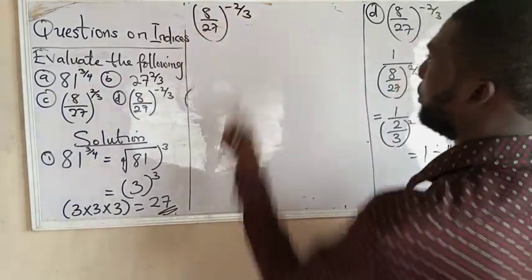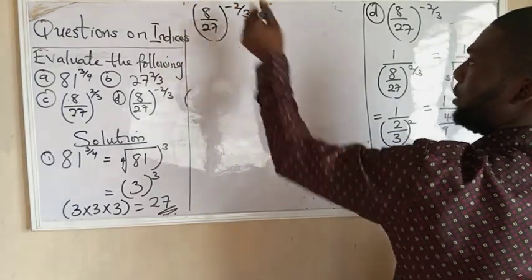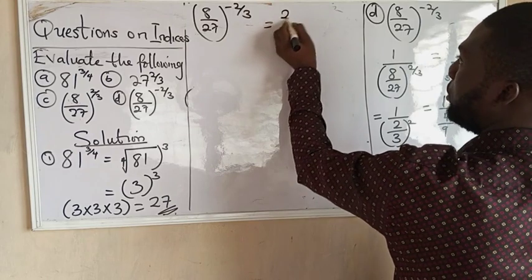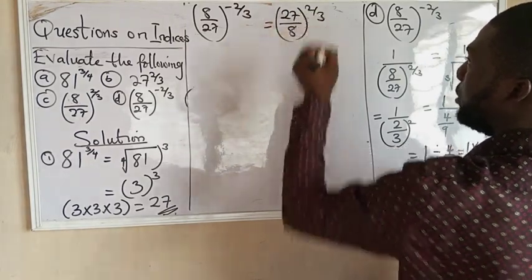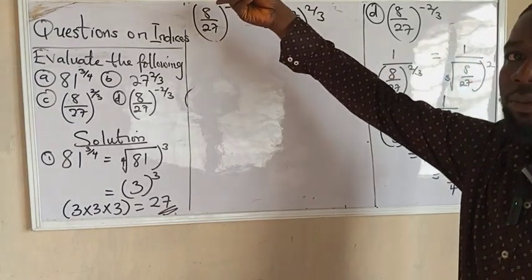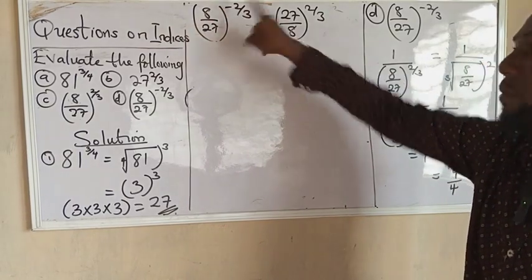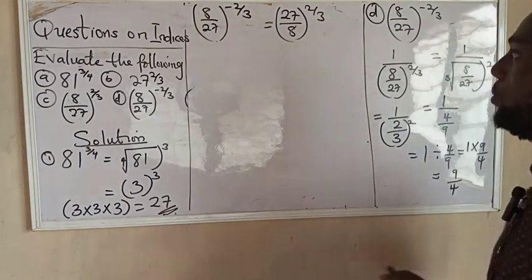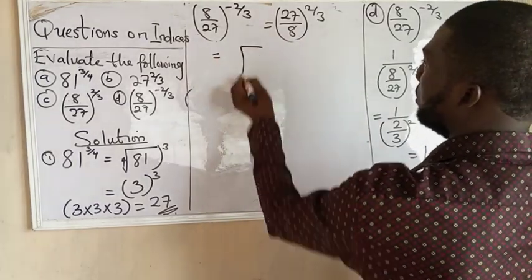Another way we can approach this method is just by finding the reciprocal of this. That is, I will just say this is 27 over 8 all raised to power 2 over 3. Just take the denominator, let it be your numerator, while your numerator becomes your denominator, and this negative goes off.